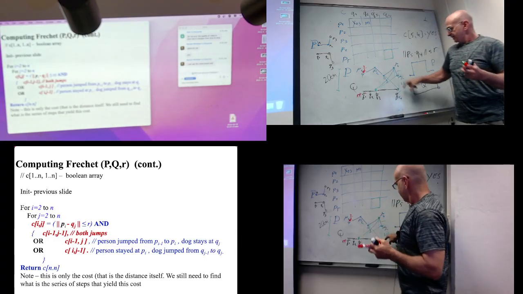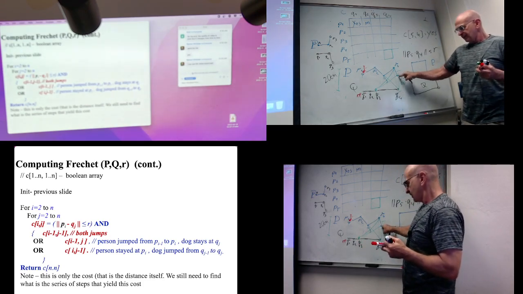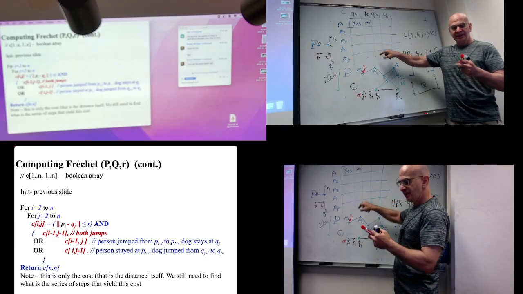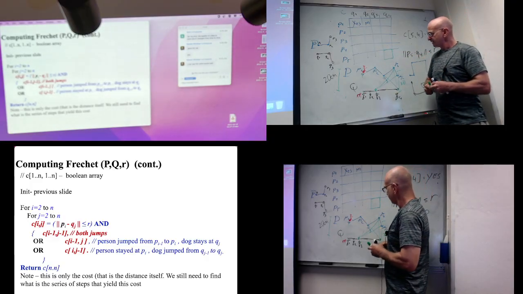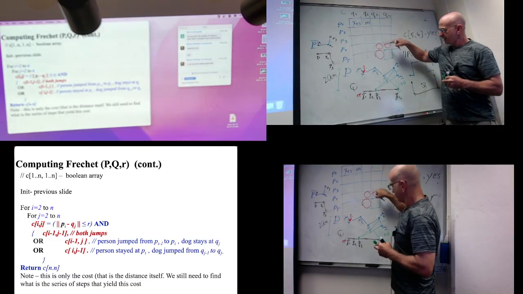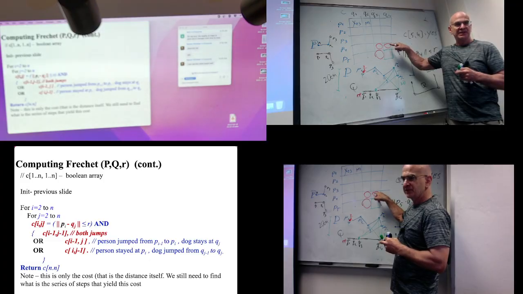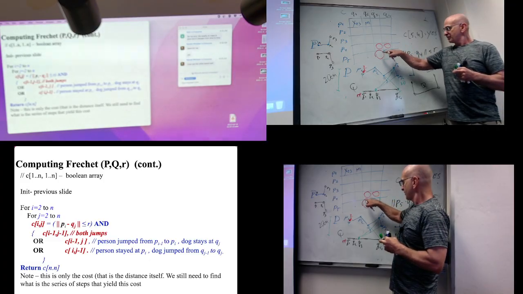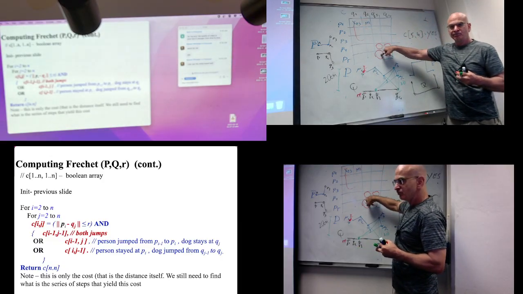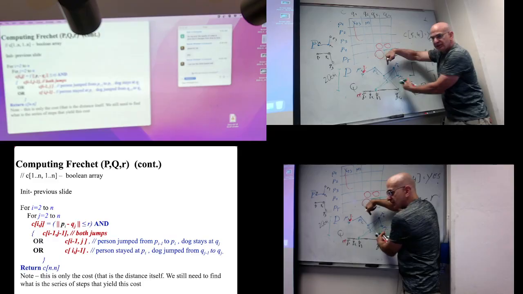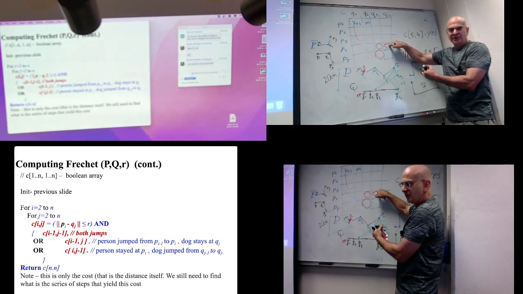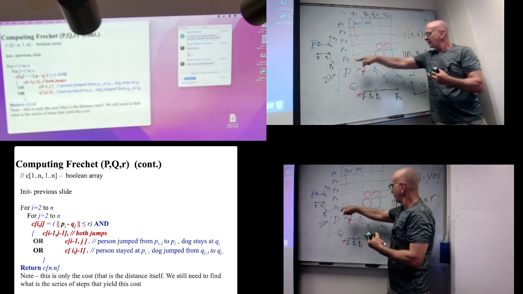When can I say yes? If the distance between the last two vertices is yes, and either this cell is yes, or this is yes, or this is yes. At least one of them must be yes, because it means there is a schedule of the dog and the man that will take you all the way to here or here or here, maybe both, and all this time you don't need a longer leash.